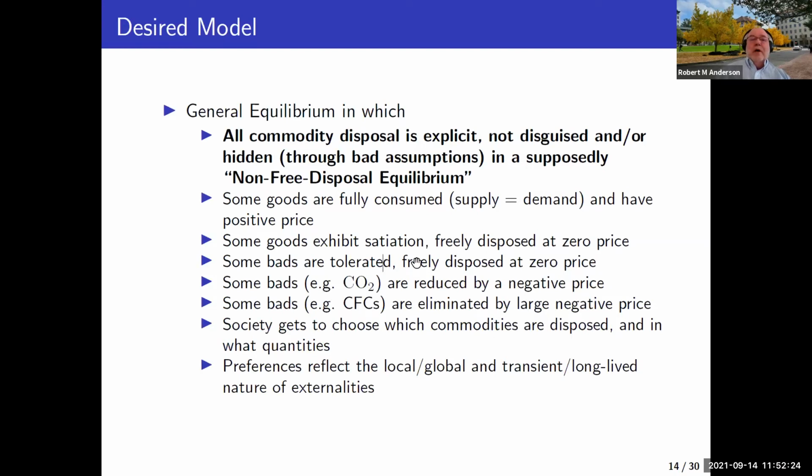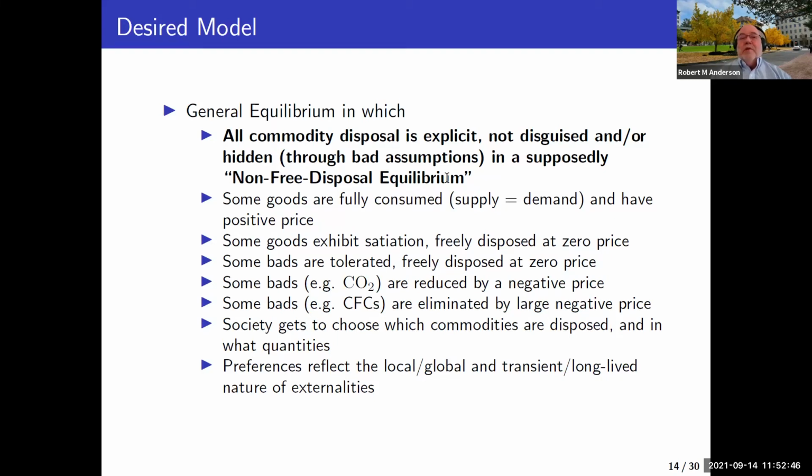So our desired model is a general equilibrium model in which all commodity disposal is explicit. So, we can say we're not going to use up all the oxygen. We're going to leave it in the atmosphere. We're going to dispose of it. On the other hand, CO2 emissions, we want to account for them explicitly, and we don't want to hide it.